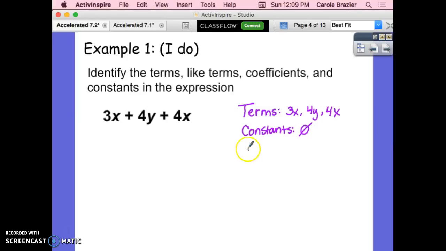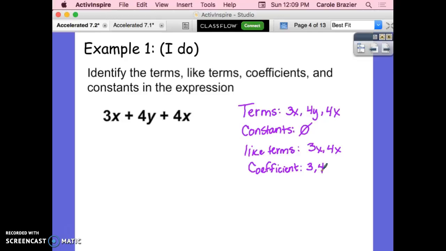Your like terms, so they'll share the same variable. So your like terms in this case would be the 3x and 4x. And then the coefficients, I'm okay if you don't write down the 4 twice because it's the coefficient of two of the different variables, but you have to have that 3 and 4 are your coefficients.